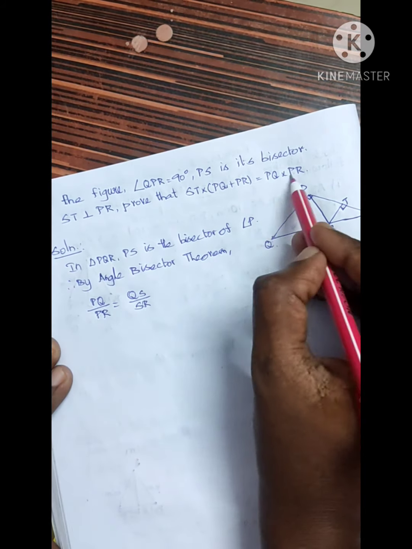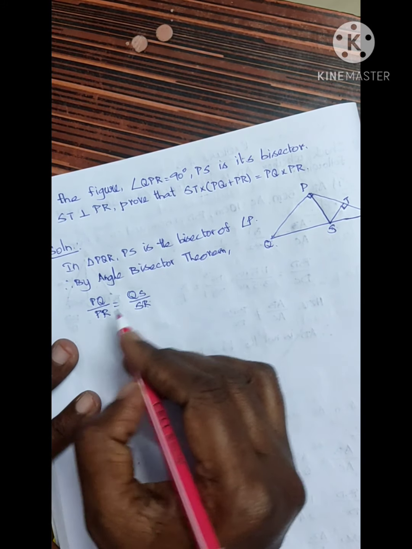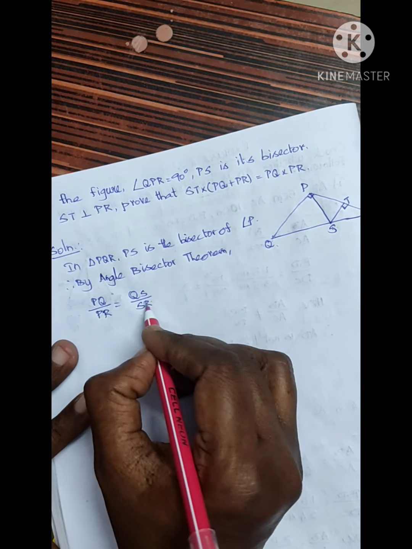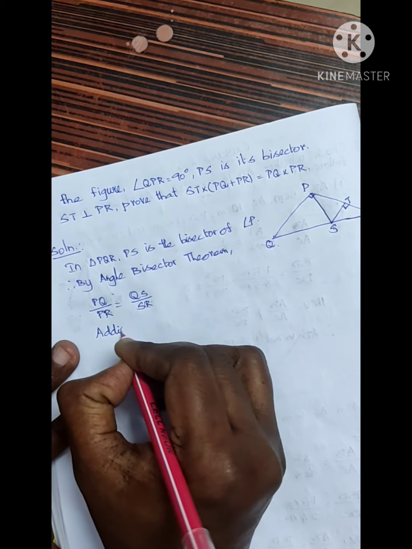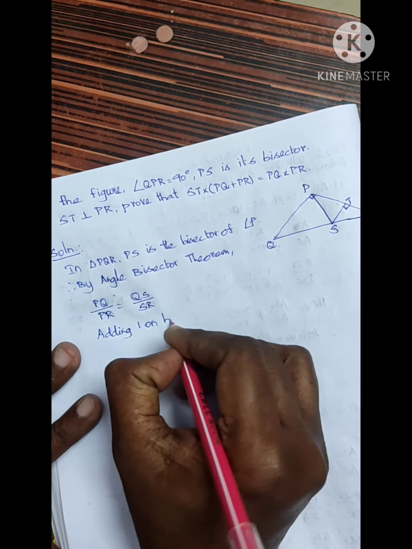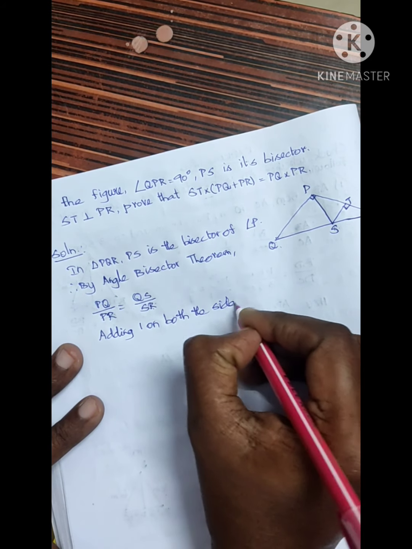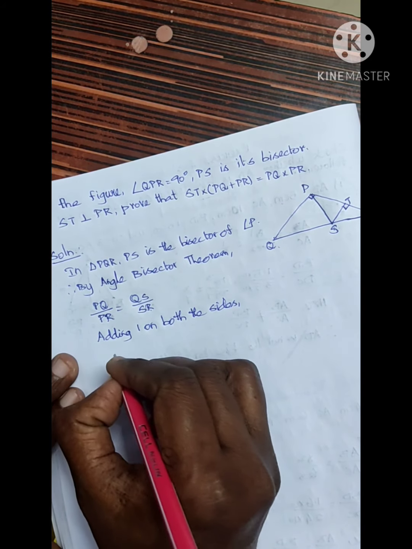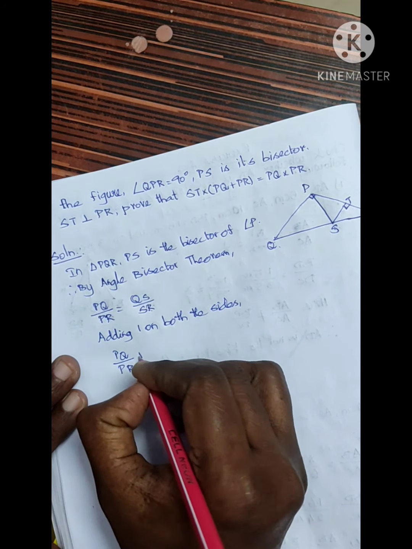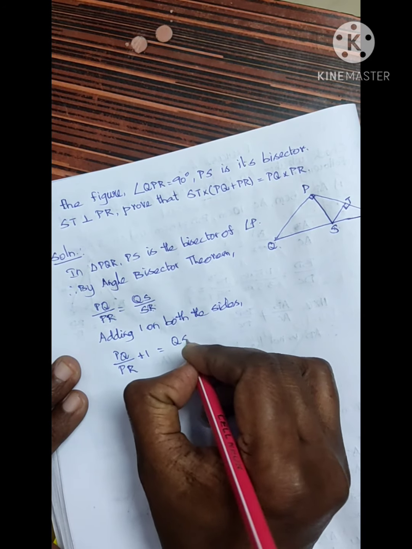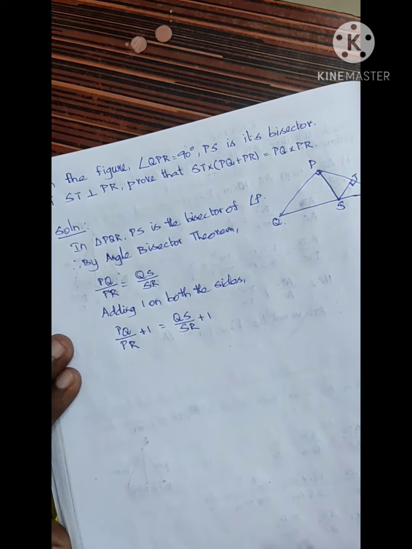So to prove this, we have to add 1 on both sides. So this is PQ by PR plus 1 equal to QS by SR plus 1.